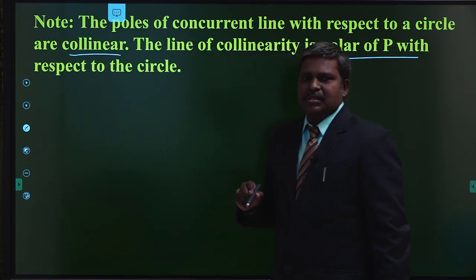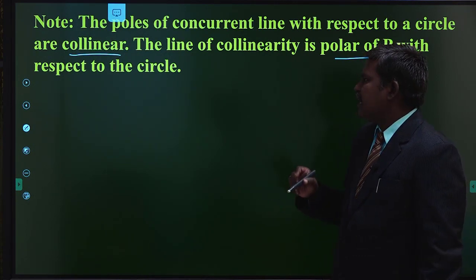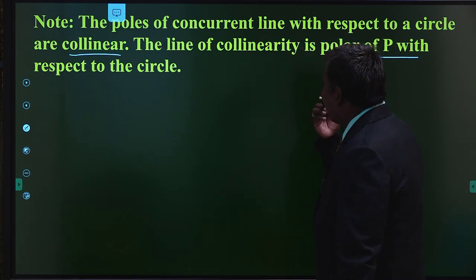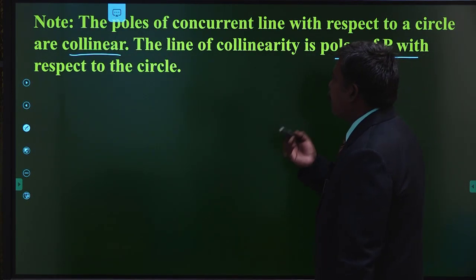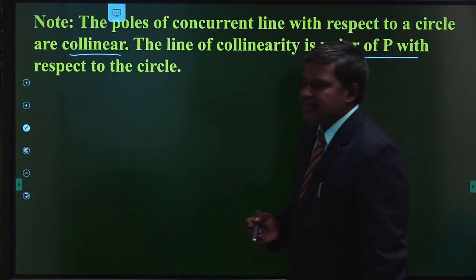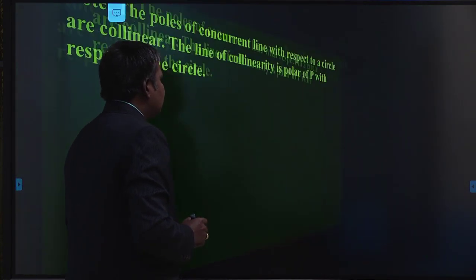Find the poles of those lines with respect to the circle. We say that all these points are collinear, and moreover the line formed by the collection of points is the polar of P with respect to the same circle S equals 0. This is the result. Understand?